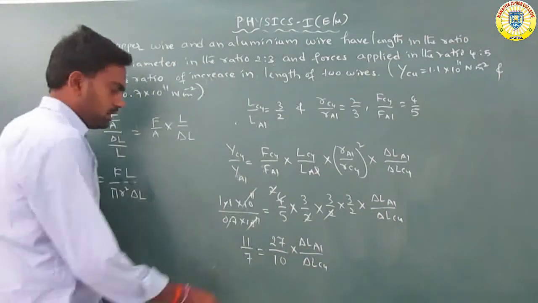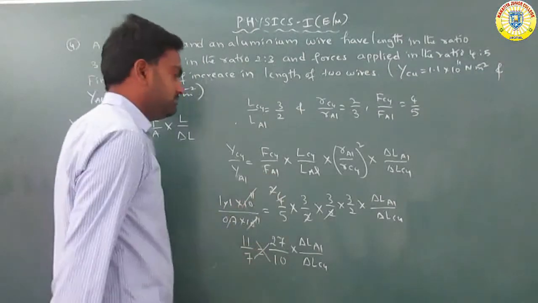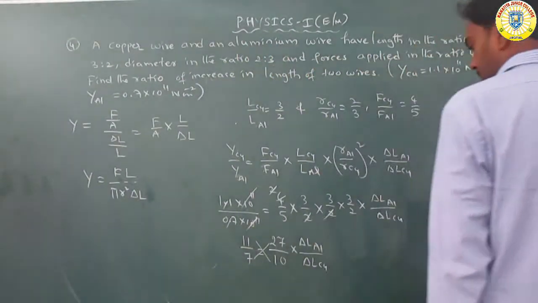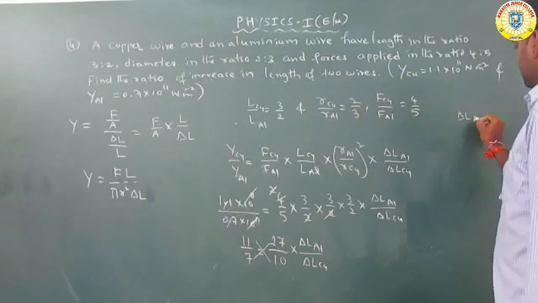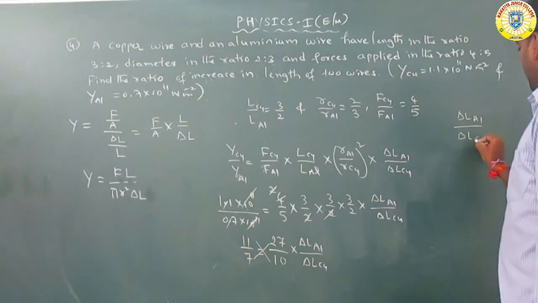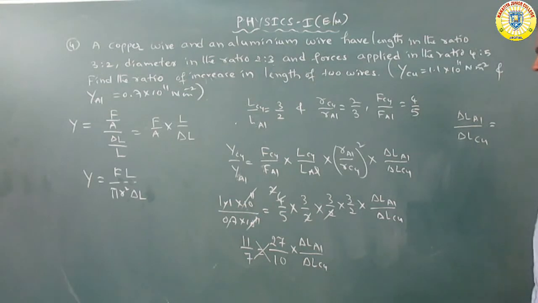Okay, got it. So on cross multiplication we get delta L aluminum by delta L copper is equal to, 1 10 5 27 7 7 49, so that is 27 7, 189.